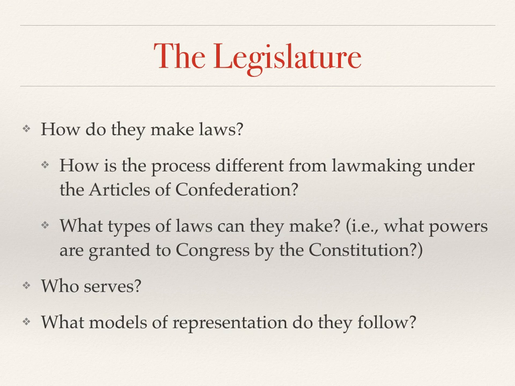Right? This process is different from the process of lawmaking under the Articles of Confederation. The Articles of Confederation needed a supermajority to pass legislation and unanimity to make any amendments, and because the articles were drawn so narrowly, most major legislation actually had to be an amendment.